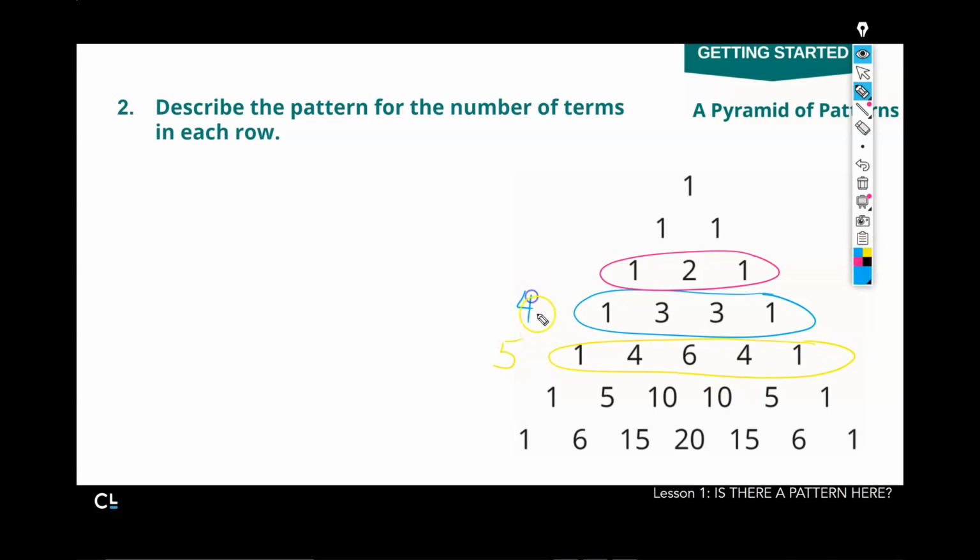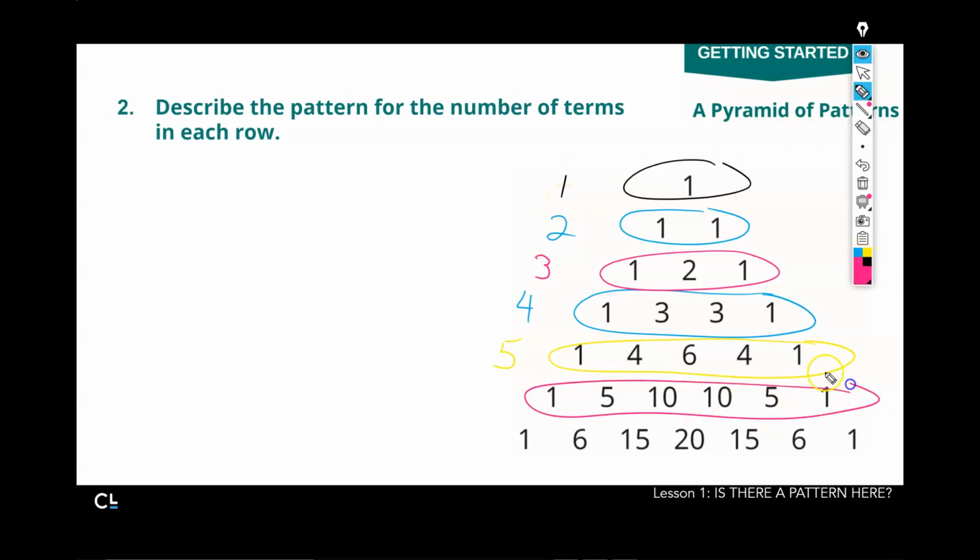This row has 4 terms. This row has 3 terms. And if we keep going, this row has 2 terms. And this row has 1 term. If we keep going in the other direction, this row has 6 terms. And this row has 7 terms. So we're adding a term to each row.